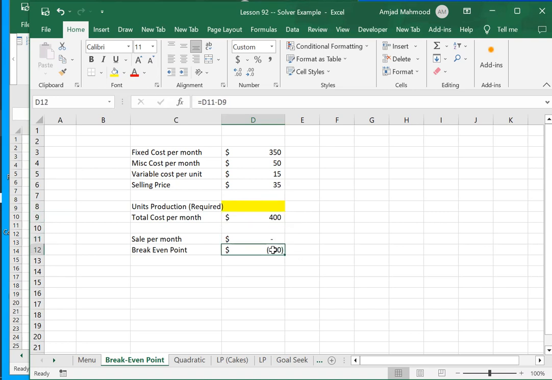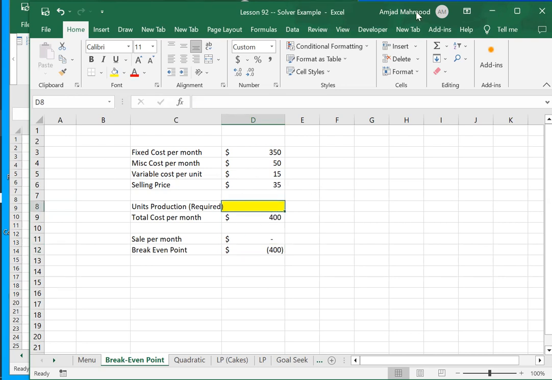That will be the starting point from where you will start building your profits later on, right? So we must know how much stock we must have at least to cover our cost, right?